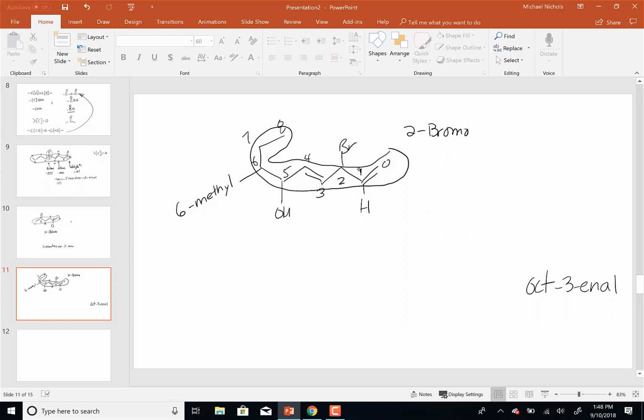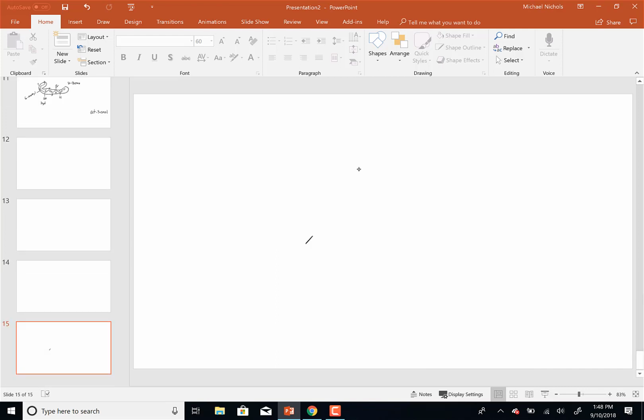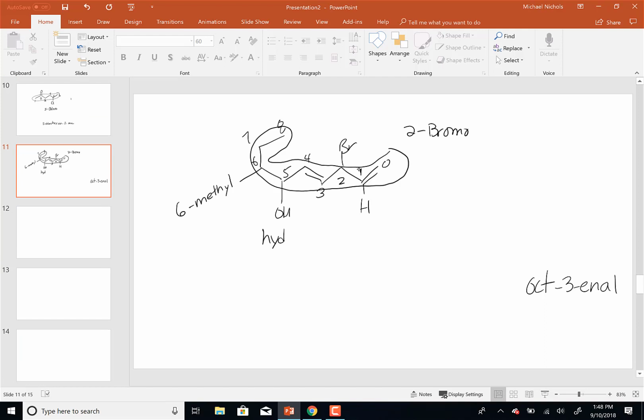And our chart says that an OH group is called a hydroxyl group if it has lower precedence. So what kind of hydroxyl group do I have? I got a 5.